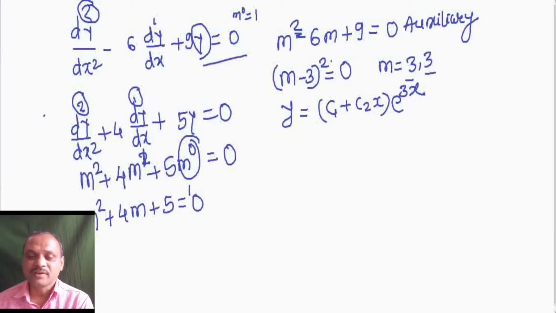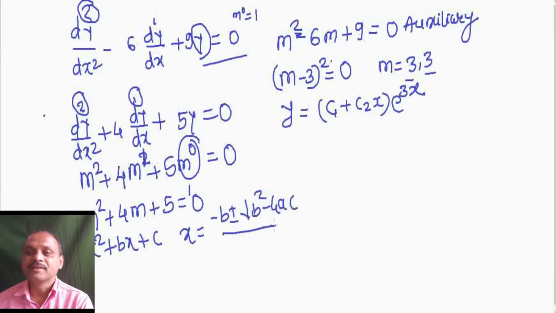You can see if we compare this with ax² + bx + c, then we know how to find the root: x = (-b ± √(b² - 4ac)) / 2a. This is the standard formula. You can apply it to find the roots. Then here you can see that a = 1, b = 4, and c = 5.